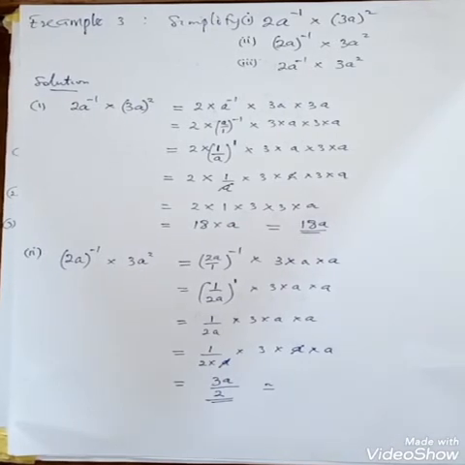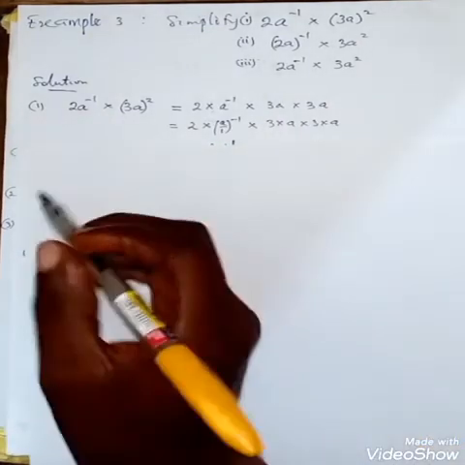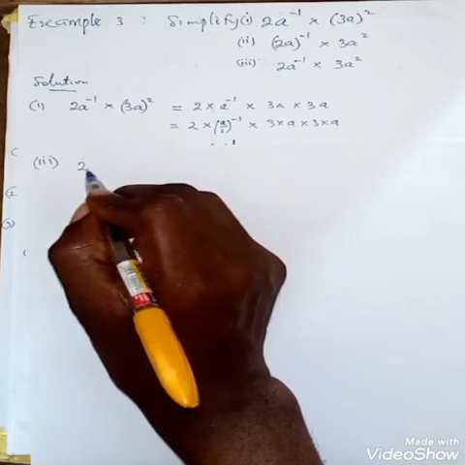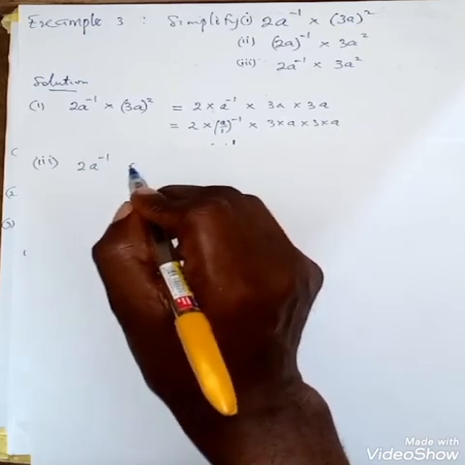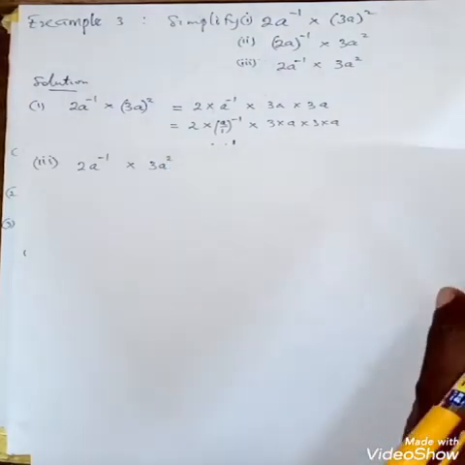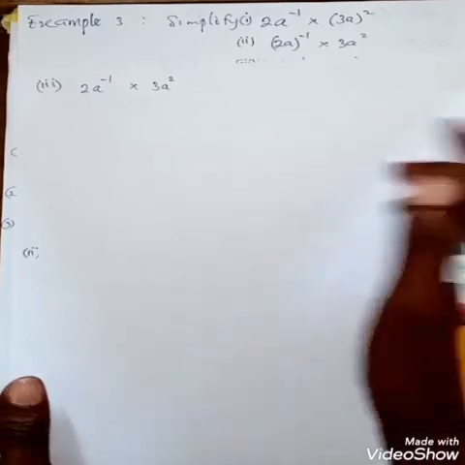We will now go and solve the last question, which is number 3 there. So in number 3, what I have is 2a raised to the power minus 1 multiplied by 3a squared.